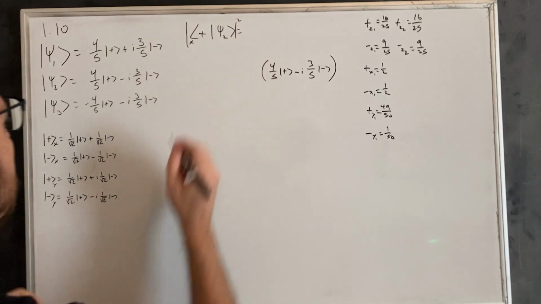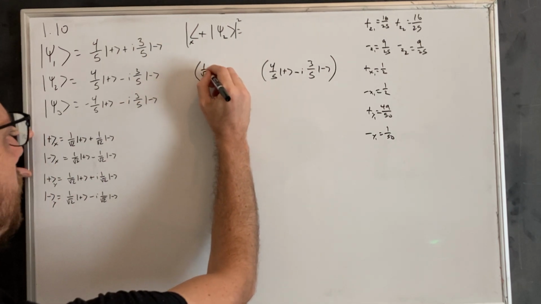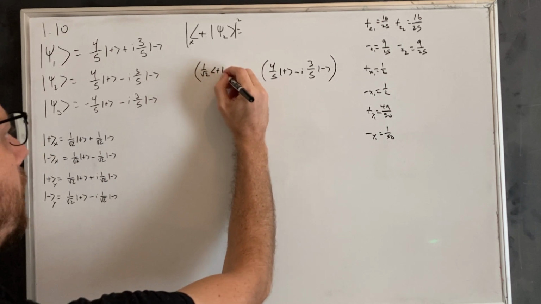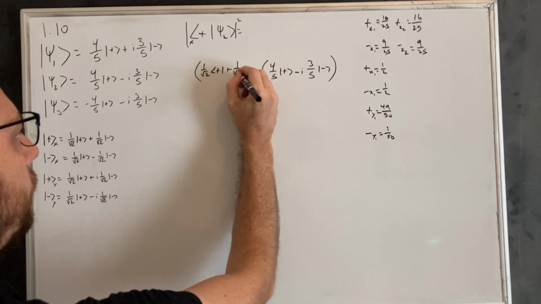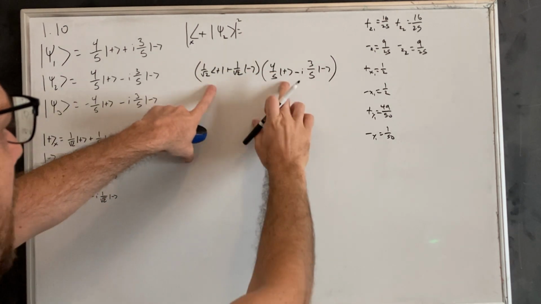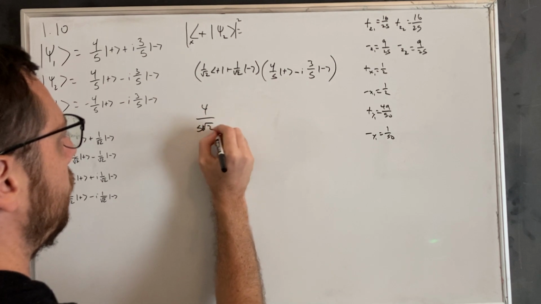So let's do our x. So our x is here. We have 1 over root 2 for our up, plus 1 over root 2 down. And FOIL this again. Our up and our up is going to be 4 over 5 root 2.